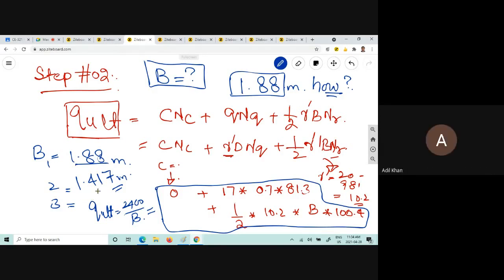Adil Khan is saying that we are getting 1.41. Initially, we got 1.88 meter. So I need a third person to confirm that should I go with this value or should I go with this value?